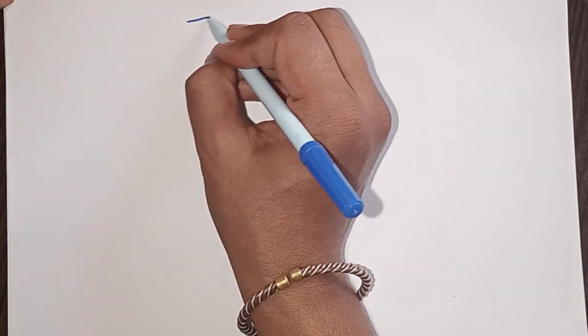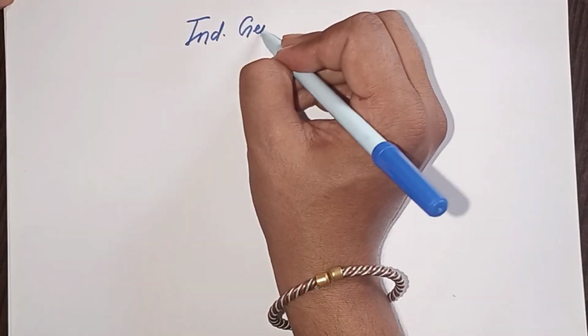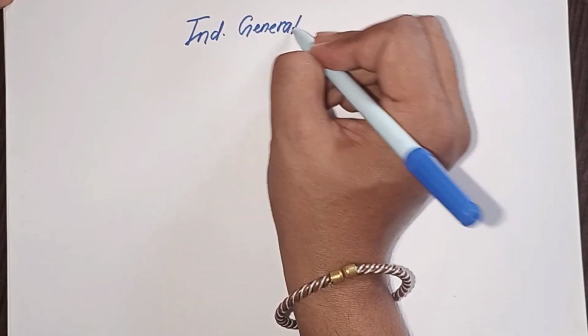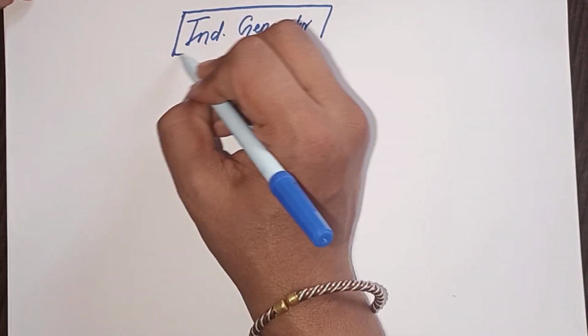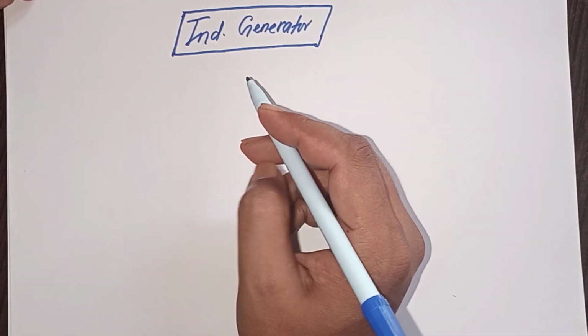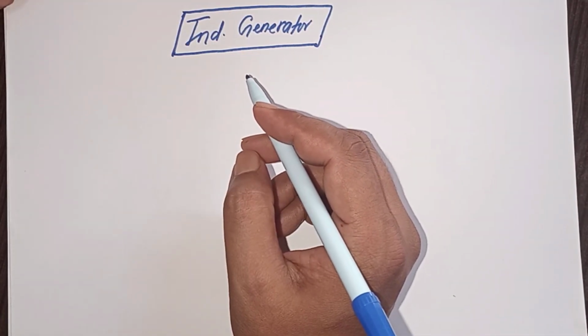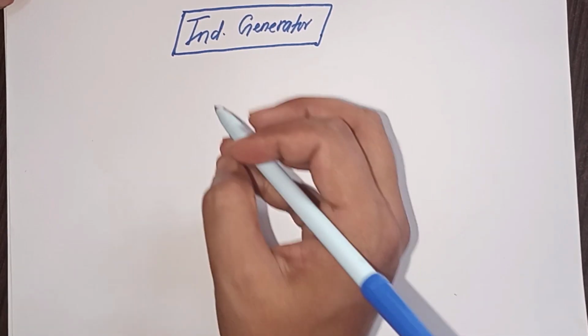Considering classification of induction generator. Induction generator can be classified into various categories based on rotor construction, based on excitation system, and based on operation.